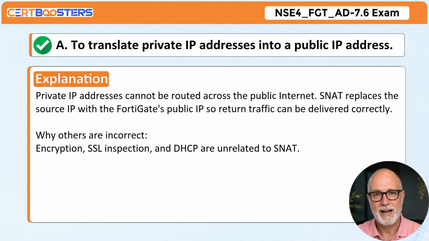Explanation: private IP addresses cannot be routed across the public internet. SNAT replaces the source IP with the FortiGate's public IP, so return traffic can be delivered correctly. Why others are incorrect? Encryption, SSL inspection, and DHCP are unrelated to SNAT.